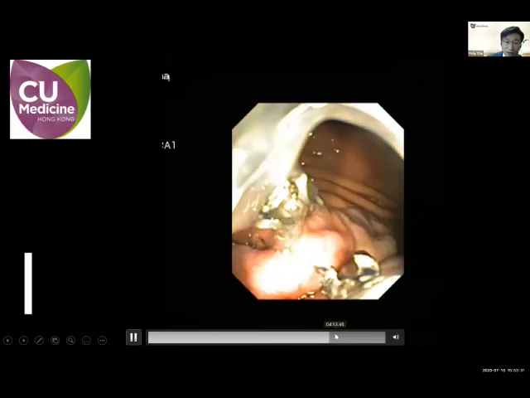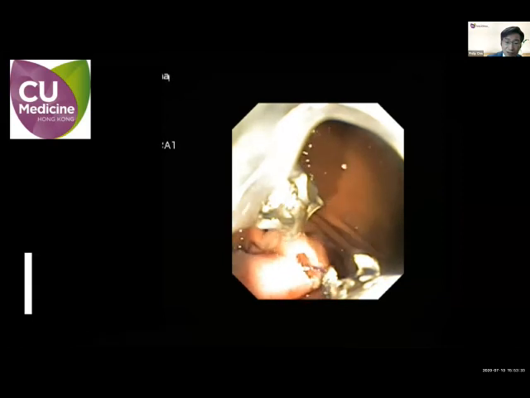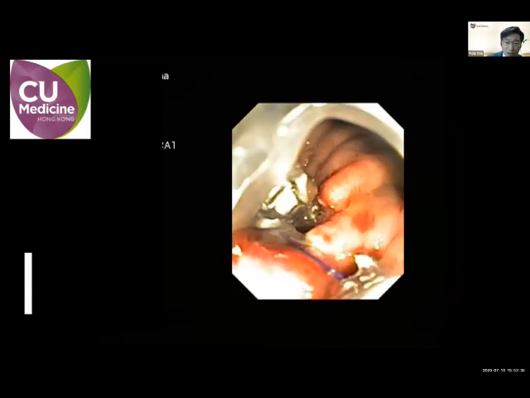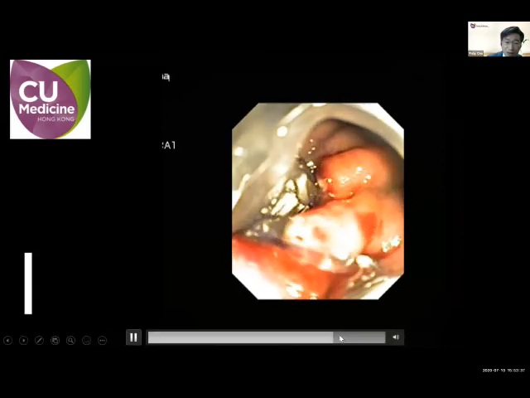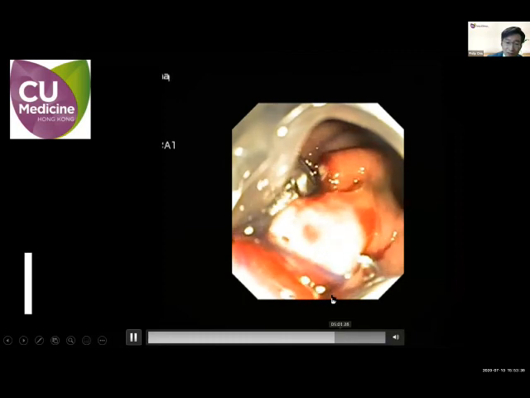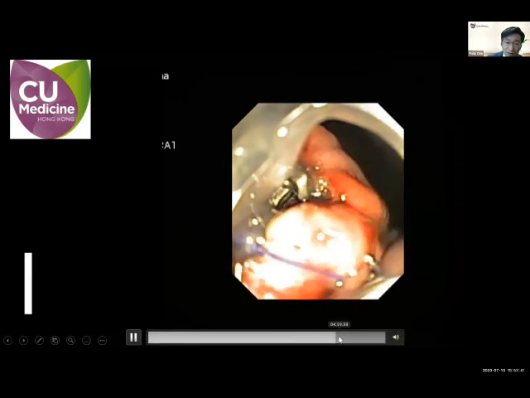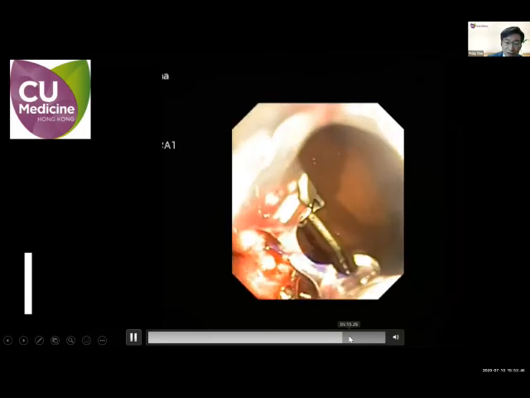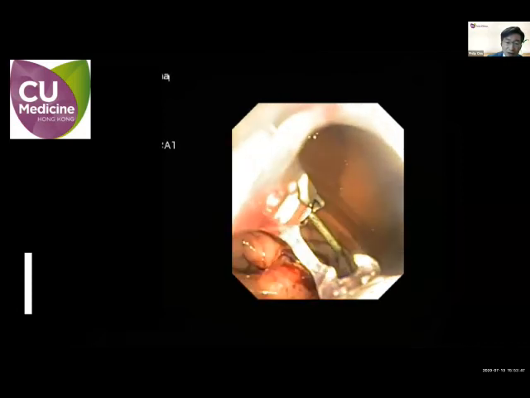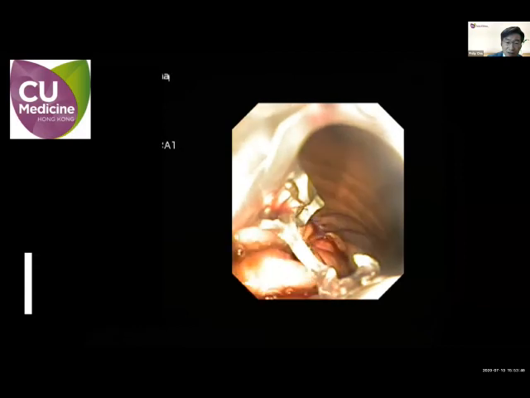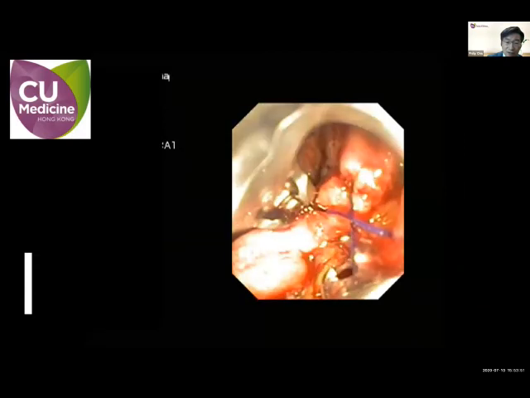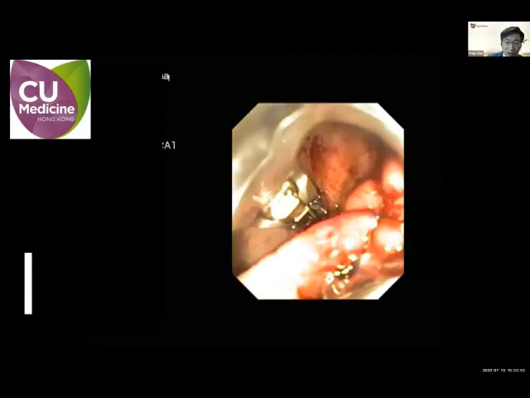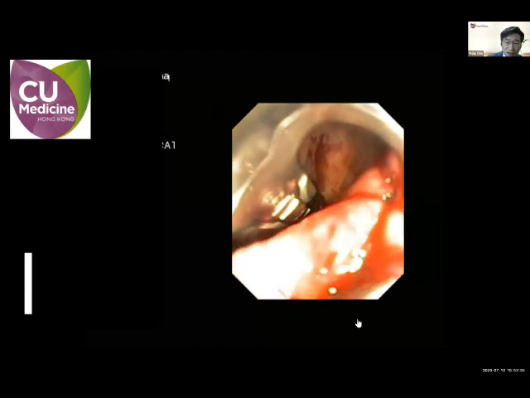close the defect. This is the older version, the double channel version of the Apollo OverStitch. You can see I can pass this needle in between the two arms, and then afterwards I reload the needle and continue the suturing. It can achieve a full thickness suturing of the two sides of the gastric luminal defect.